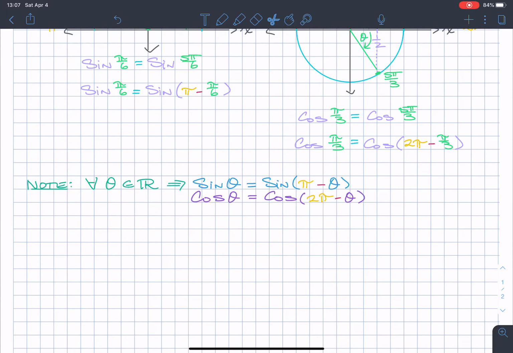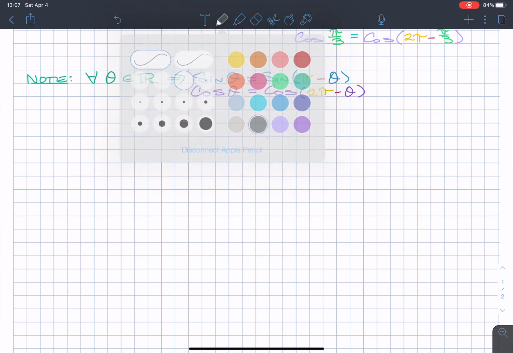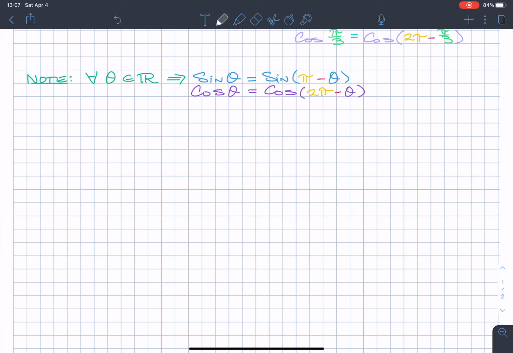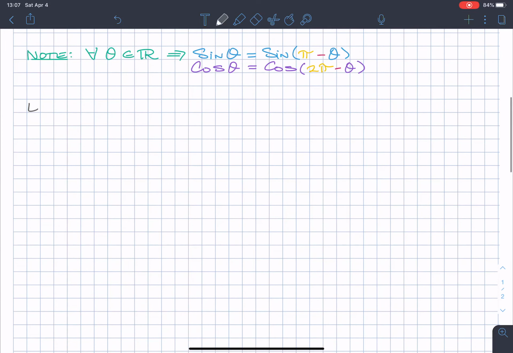Okay, so anyways, given that, let's go ahead and solve some general trigonometric equations. So for example, let's solve the following on the interval from 0 inclusive to 2 pi non-inclusive.